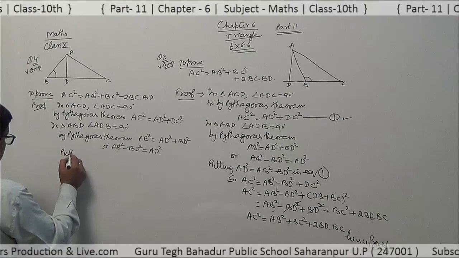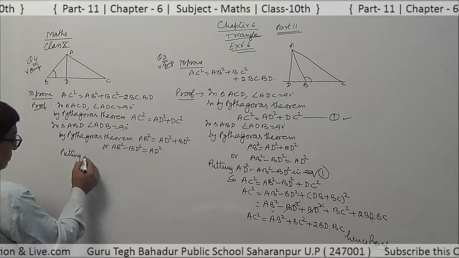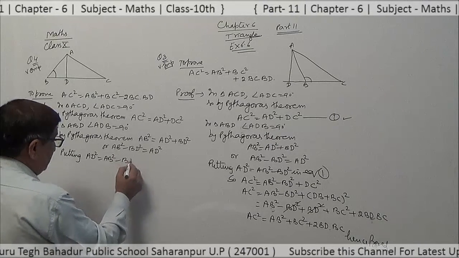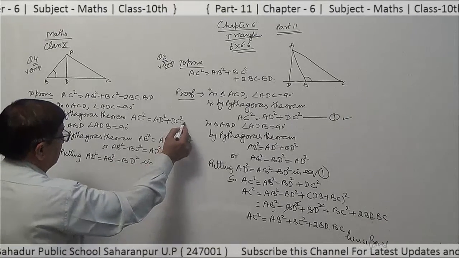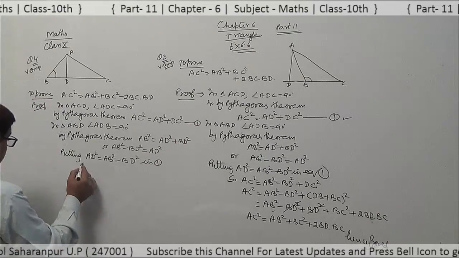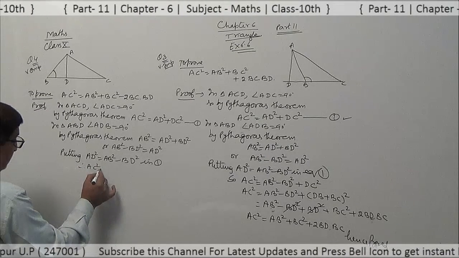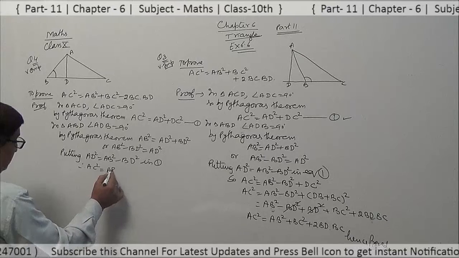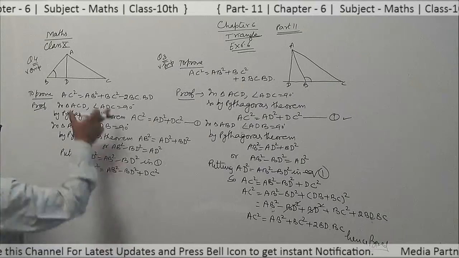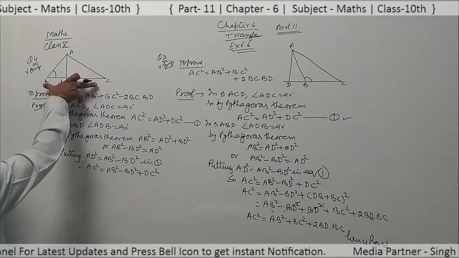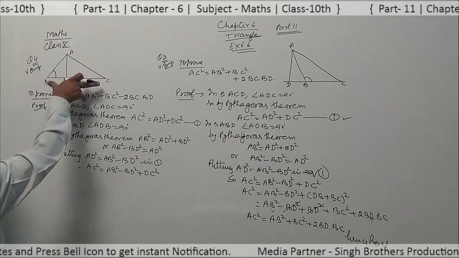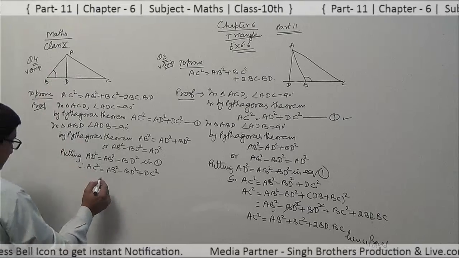Putting AD square equal to AB square minus BD square in equation first. Same way, therefore AC square is equal to AB square minus BD square plus DC square, and this DC is BC minus BD.